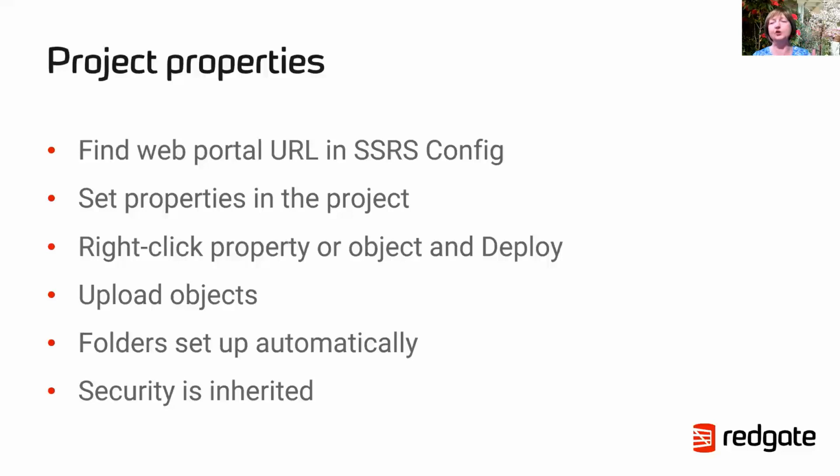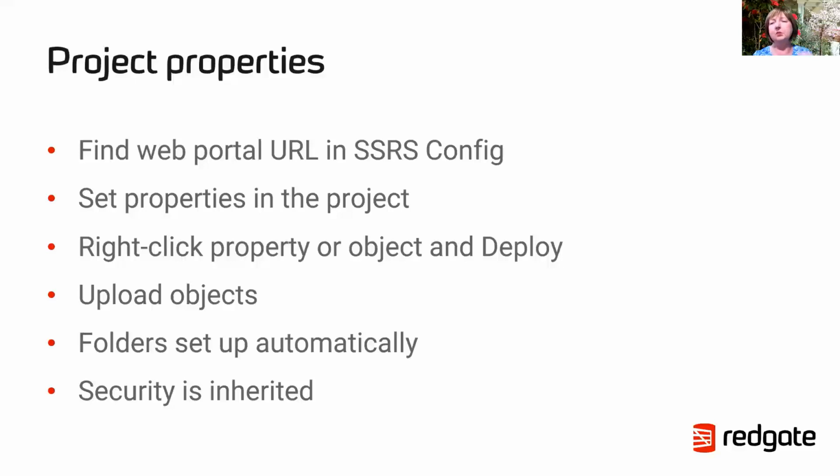So assuming that you are going to publish it at least to maybe a development server, you have to set up some properties in your project saying where things are going to go. Not only do you set up that property of where that reporting services service is, you also have to set up some defaults, like your data source folder, your shared data sets folder, things like that.